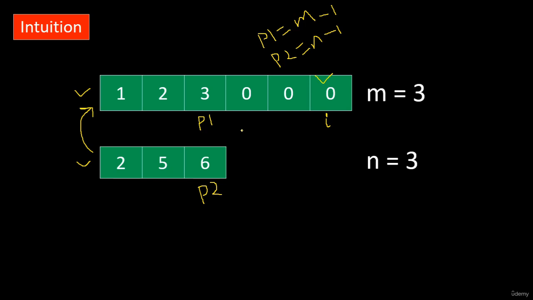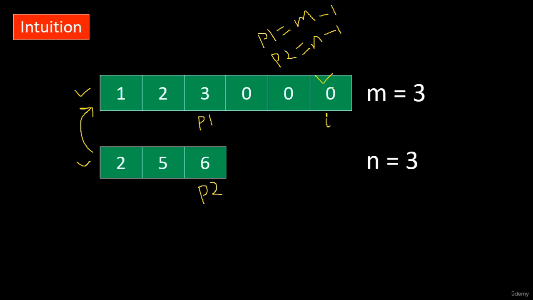Now we're going to check the value at P1 pointer and at P2 pointer. We see 6 is greater than 3. So we're going to take the maximum value of these two and we're going to update the value at current. So this is our current element because we're traversing from right to left. We'll see how to do this when we go through pseudocode.